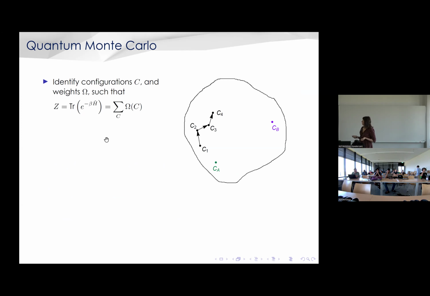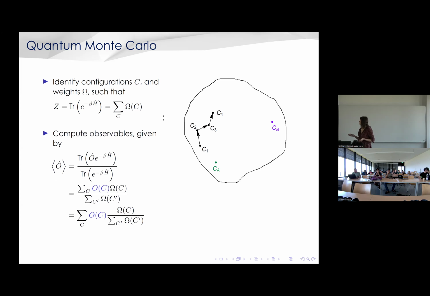So what we want is the partition function, e to the minus beta H, where beta is inverse temperature. Then we want to break it up into quantities that we can actually compute and treat as weights. I'll get a little more concrete about configurations and weights in a moment.